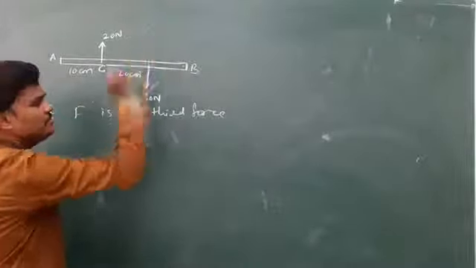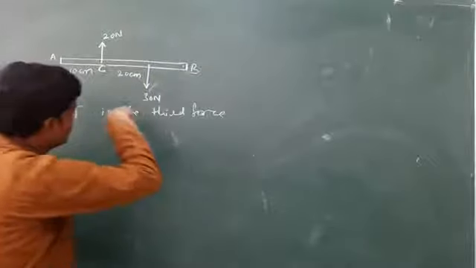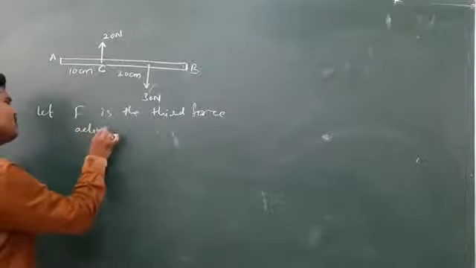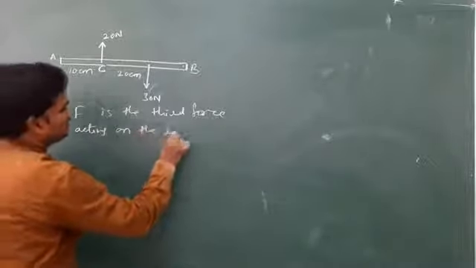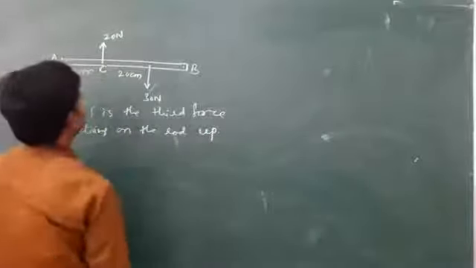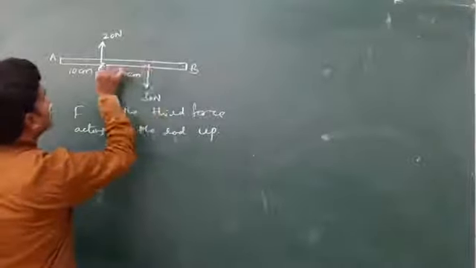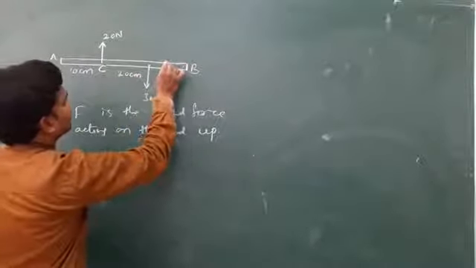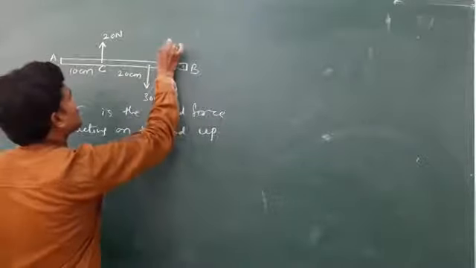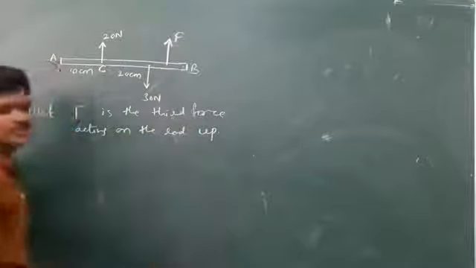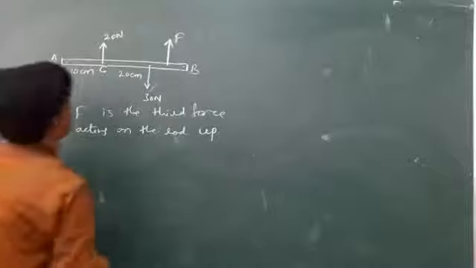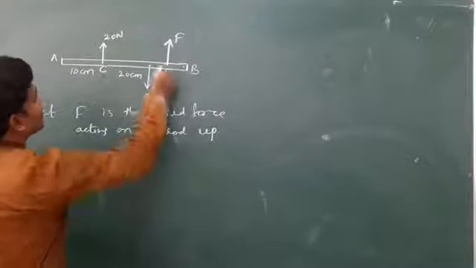No doubt if you take 10 up, you will get the answer directly. So F is the third force acting on the rod upwards, somewhere here. You can take it from any point. This is acting here.